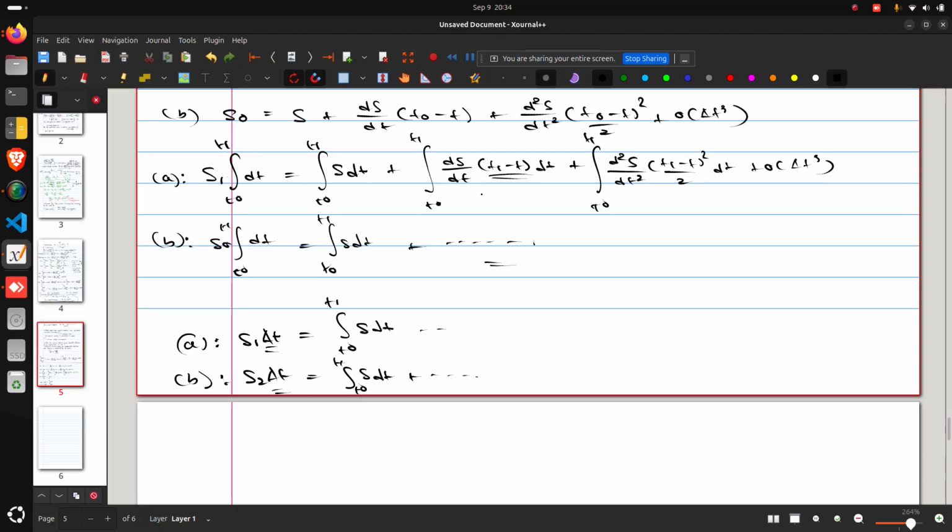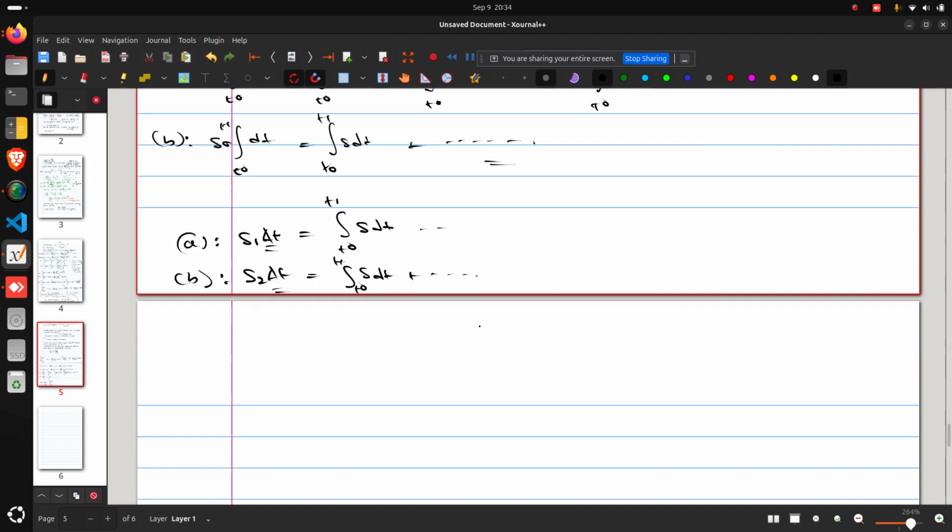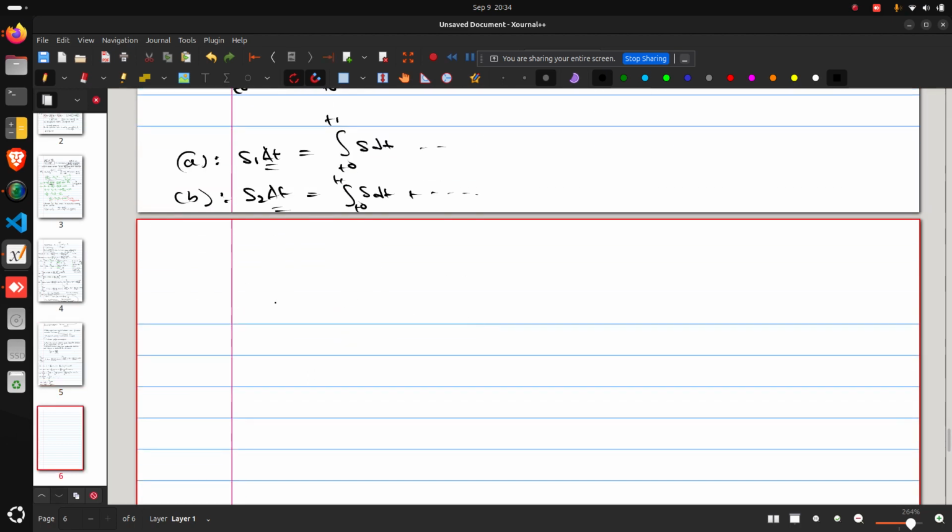Then you will find that one of the terms with plus minus gets cancelled. What you will find is that the higher order term will get cancelled. If you just add these two things, you will finally get that the integral from t naught to t1 of S dt divided by delta t is nothing but half of S1 plus half of S2 plus order of delta t square.